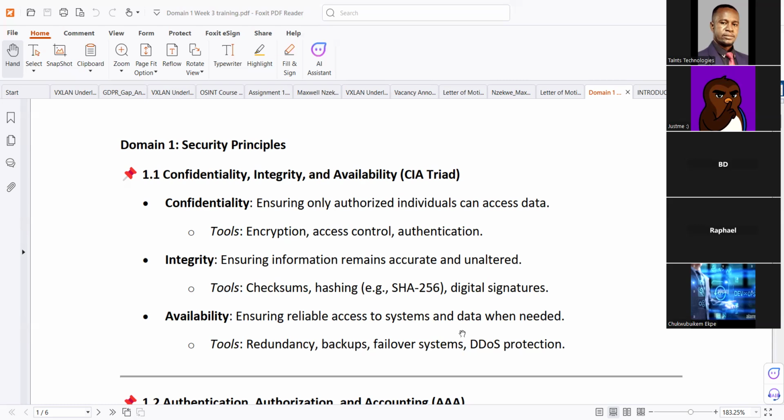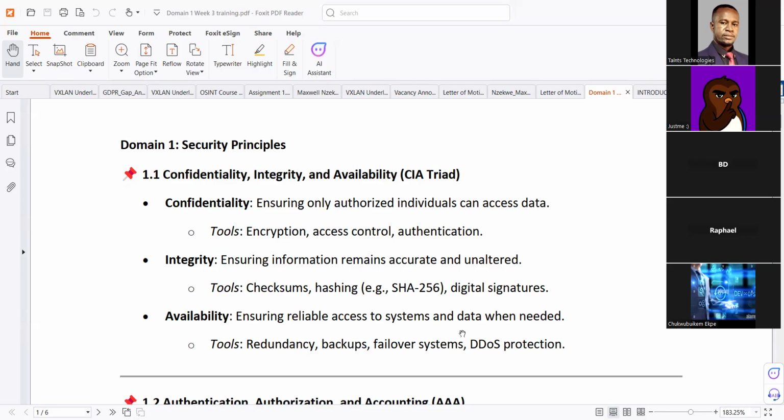And in this domain 1, we have the CIA triad. These are powerful core foundations of cybersecurity. Understand this, and you know you have known it all. 1, confidentiality.